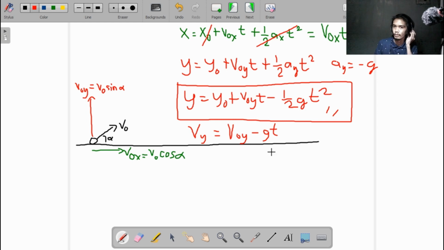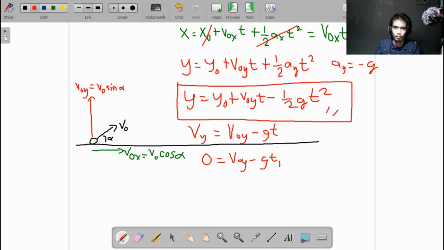Now since v0 is not 0, it started at a certain speed, but at the maximum height the final velocity becomes 0, so this becomes 0 equals v0y minus gt at maximum height.